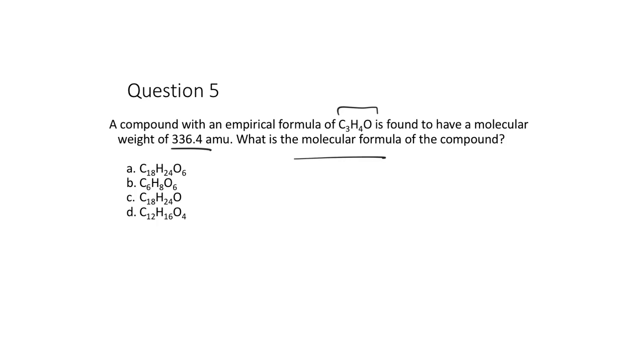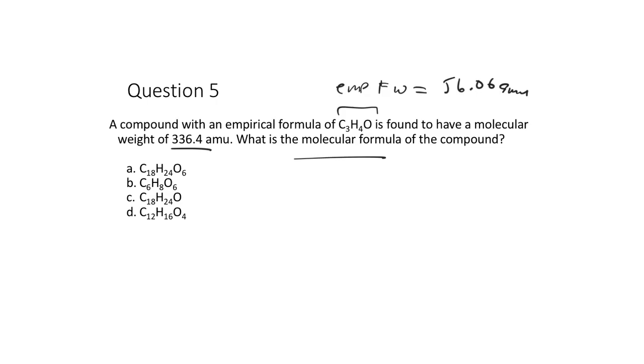Well, we know its empirical formula is C3H4O, so the empirical formula weight is a value we can calculate just by taking 3 times carbon's mass, so that's 3 times 12.01. We have 4 hydrogens, 4 times 1.008, plus 16.00 gives me 56.06 AMU.